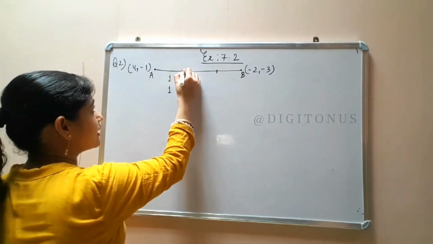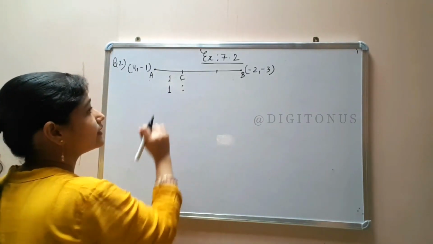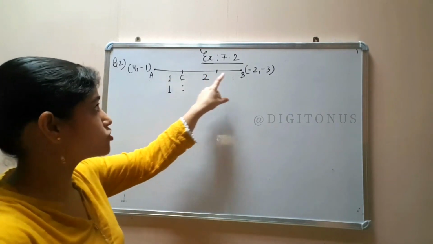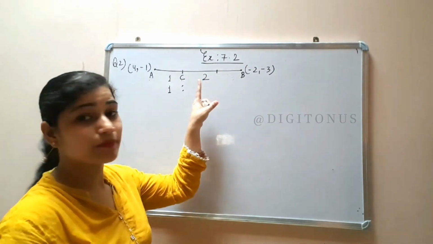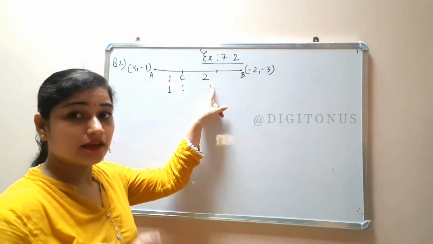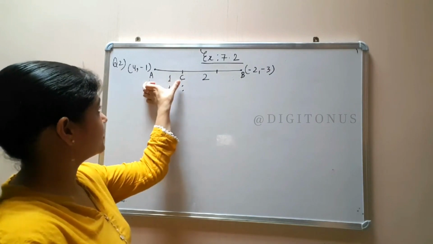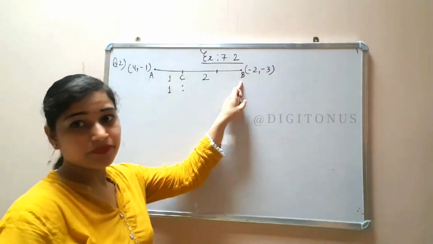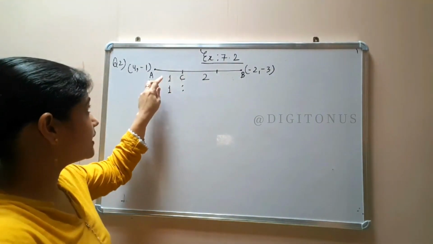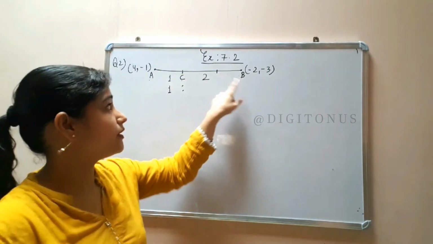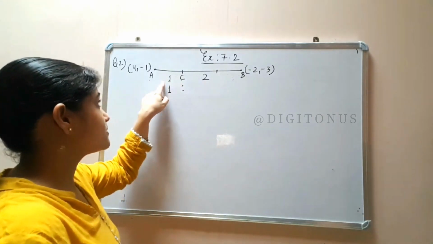This point C is dividing this line in 1:2, because these 2 parts are 1 and 1, so 1 plus 1 is 2. Listen carefully, we will work only in AC and CB. This part is 1, this part is 1 and this part is 1, so the total CB part will be 2 and this part will be 1.